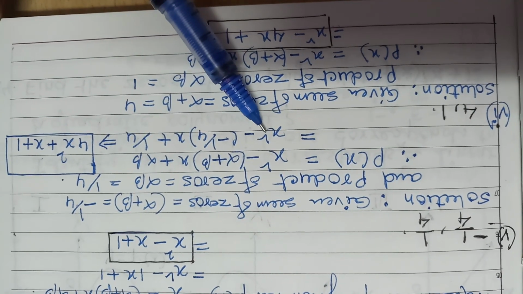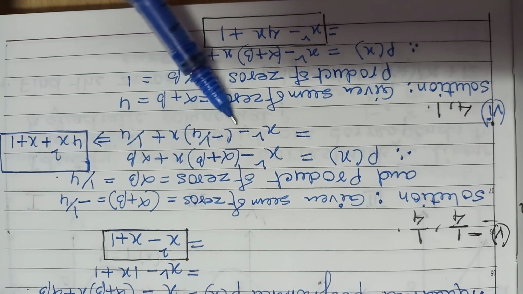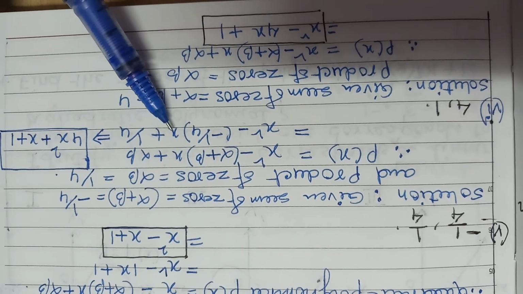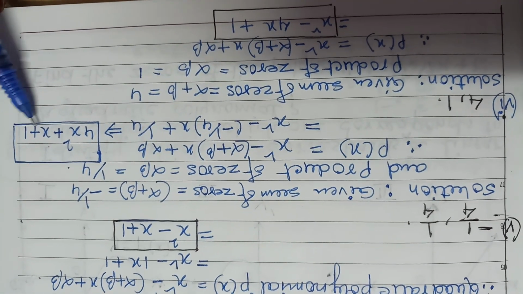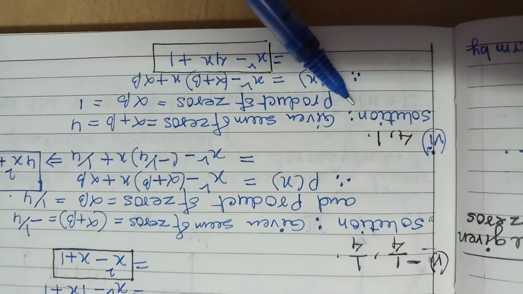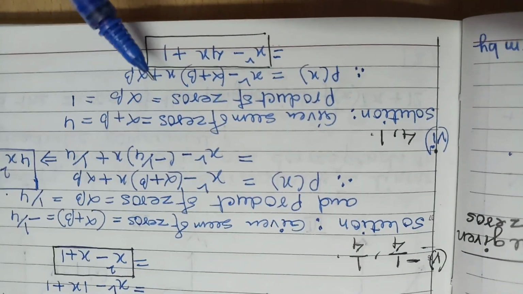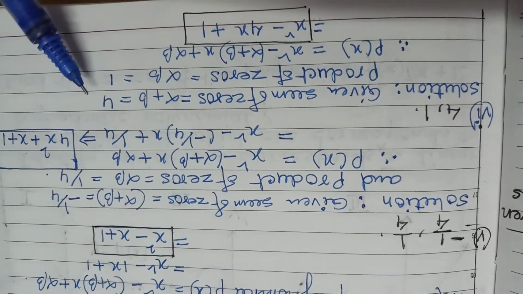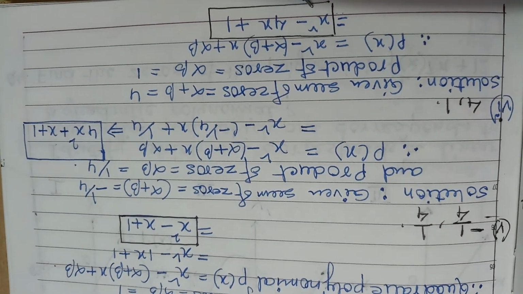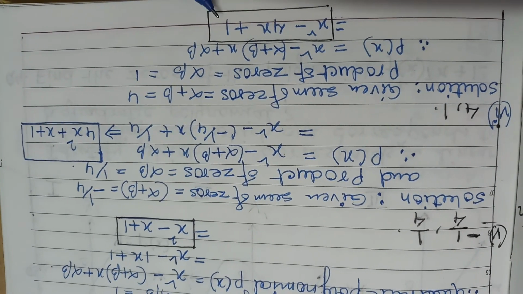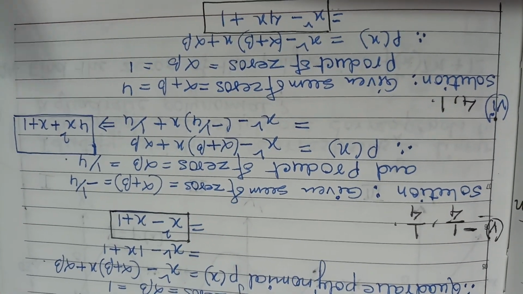It is 4x square plus x and plus 1. This is the quadratic polynomial. Next, given sum of zeros alpha plus beta is equal to 4 and product is 1. So the quadratic polynomial is x square minus 4x plus 1. Next question.